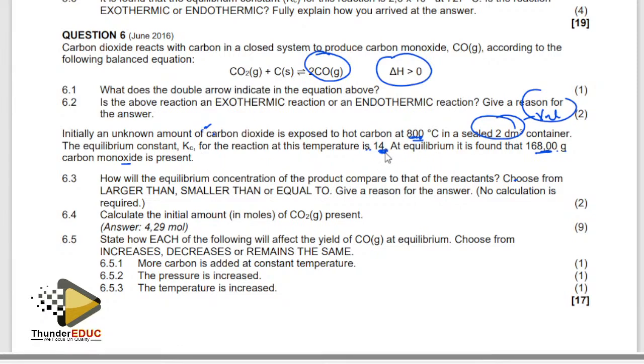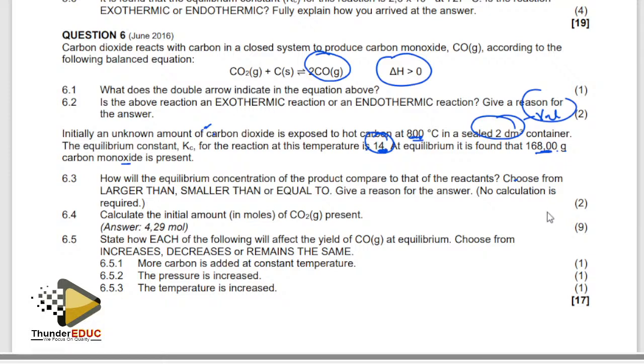Okay, now I see. So if the Kc is bigger than 1, then it means that the product is more than the reactant. If the Kc is less than 1, then the product is what?